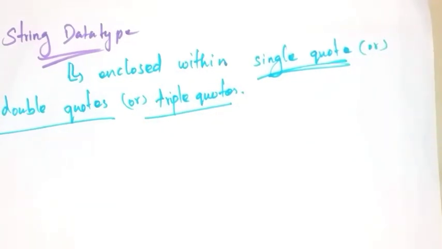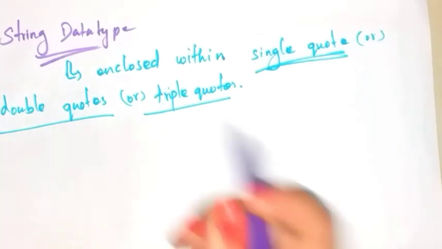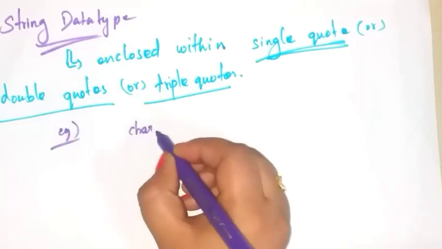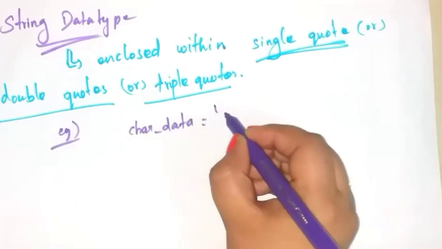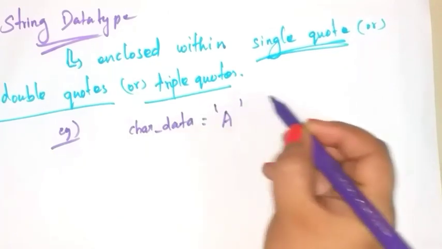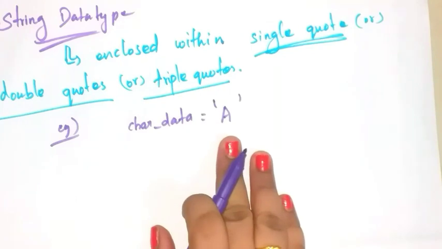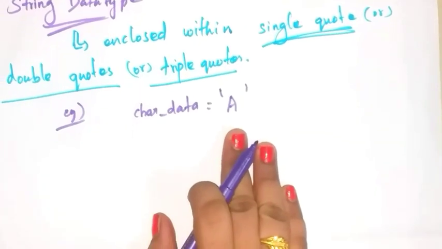That is called the string data type. See one example, character data. Here this is enclosed within single quotes. A single character enclosed within single quotes.